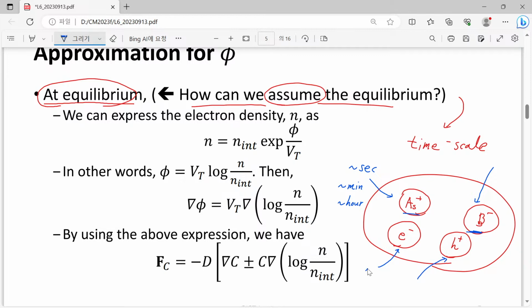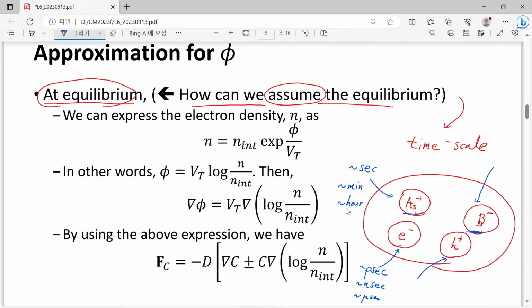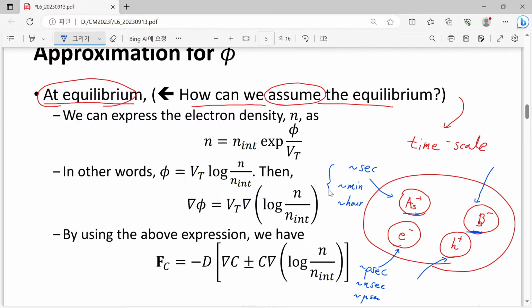Maybe it is a picosecond or nanosecond, even microsecond.